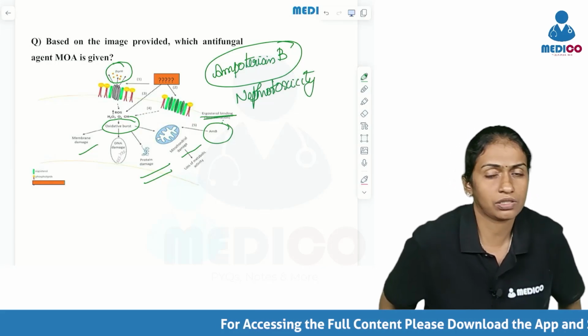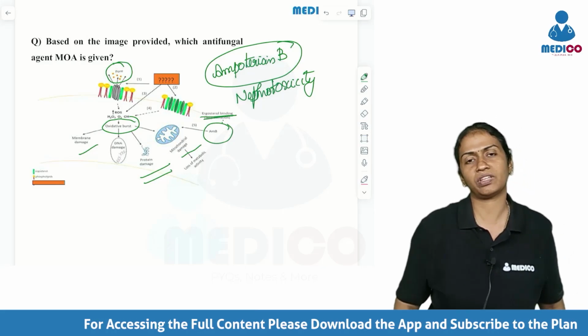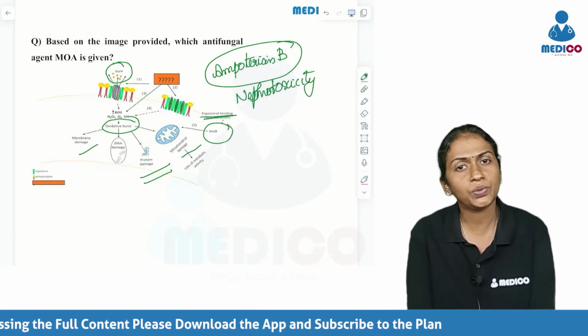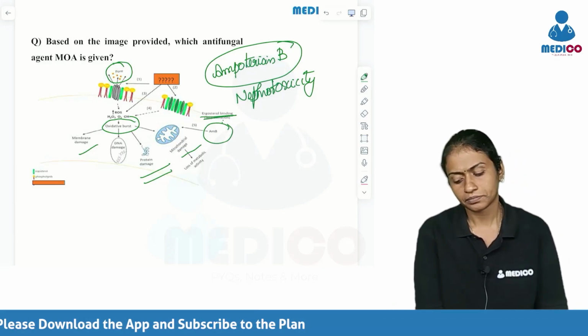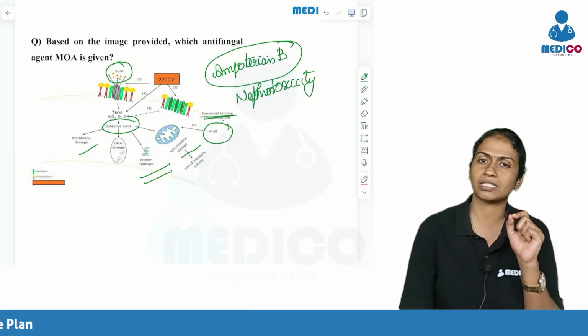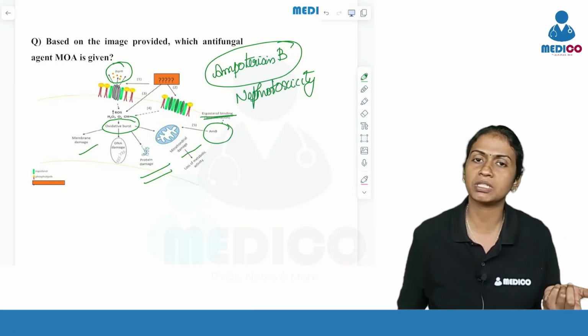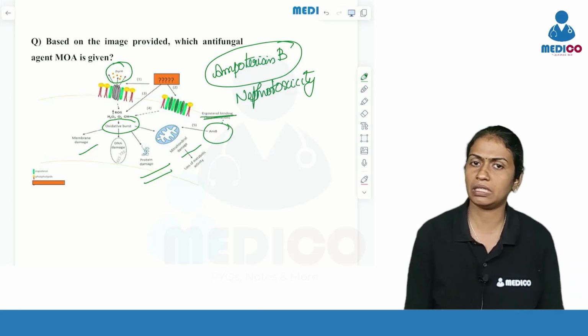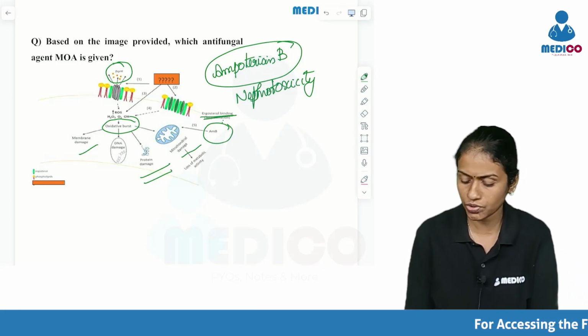Saline hydration is given prior to giving amphotericin B to reduce this nephrotoxicity. But another thing you should note is that though we give pre-saline treatment, we don't mix amphotericin B in normal saline, we mix it in dextrose.